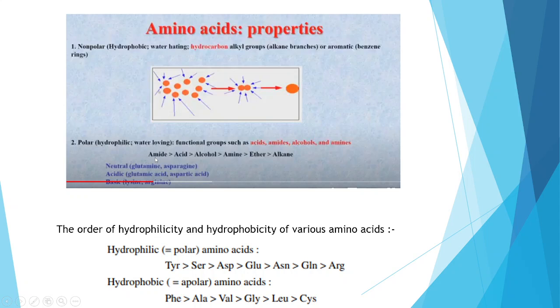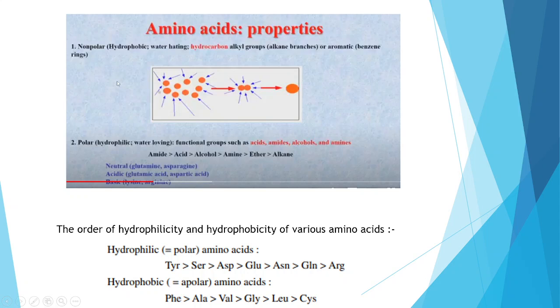Highest water loving is amide, then acid, then alcohol, amine, ether, and alkane. Among amino acids, neutral amino acids are glutamine and asparagine. Acidic amino acids are glutamic acid and aspartic acid, while basic nature is present in lysine and arginine.